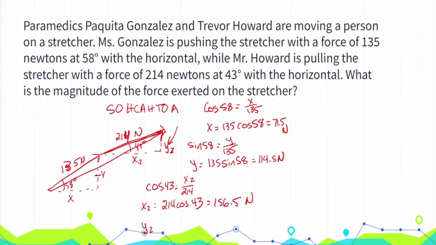And similarly, y2 is going to be 214 sine 43, which is 145.9.